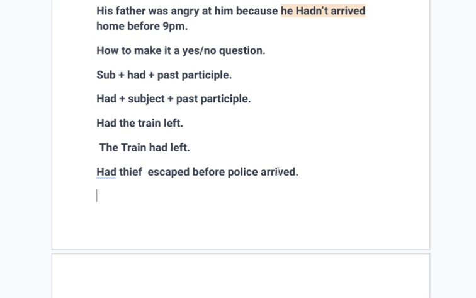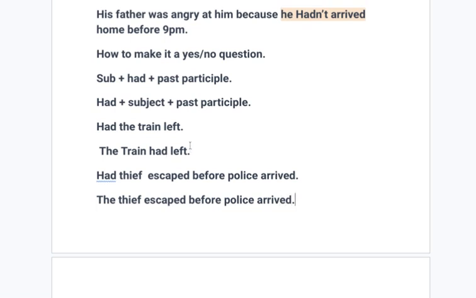Now let's make it a regular one. The thief escaped before police arrived.